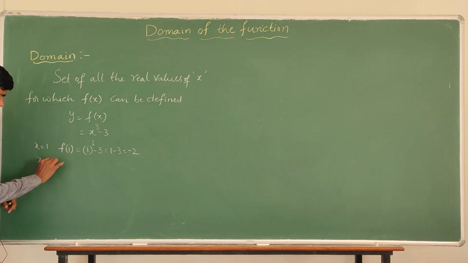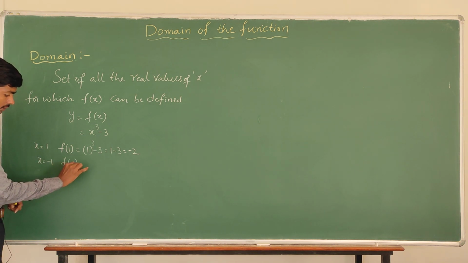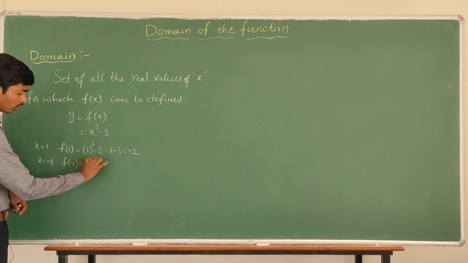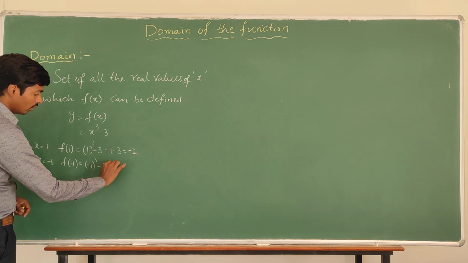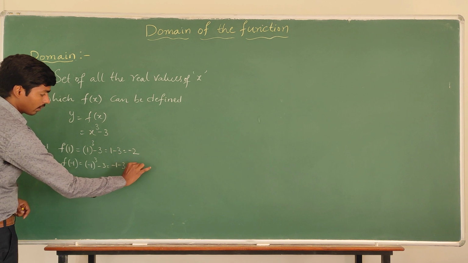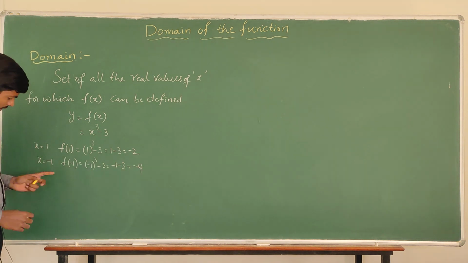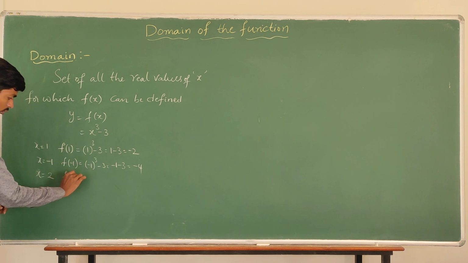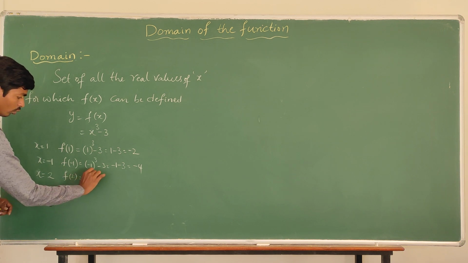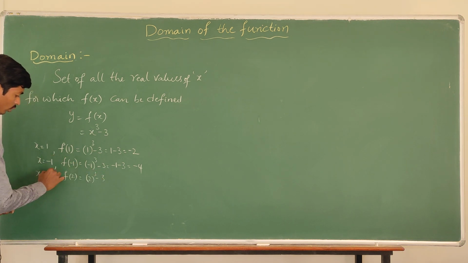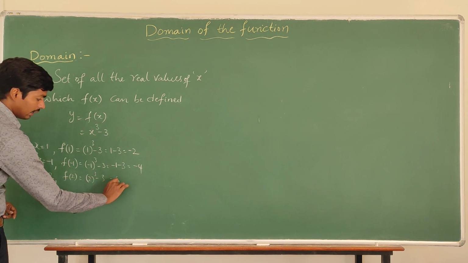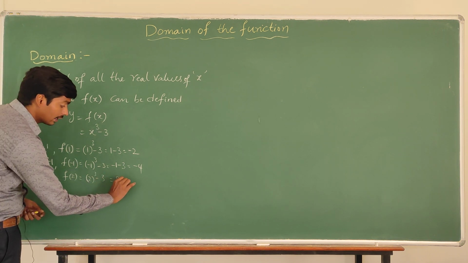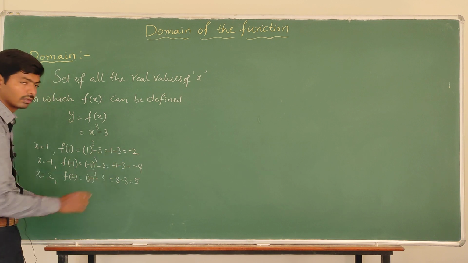Suppose I take x equal to minus 1, f of minus 1 is minus 1 cube minus 3, equal to minus 1 minus 3, that is minus 4. Next, suppose I take x value 2, f of 2 equal to 2 cube minus 3. 2 cube means 8, 8 minus 3 equal to 5.